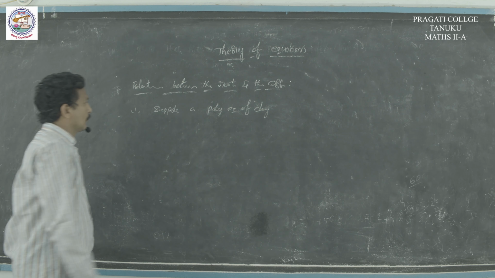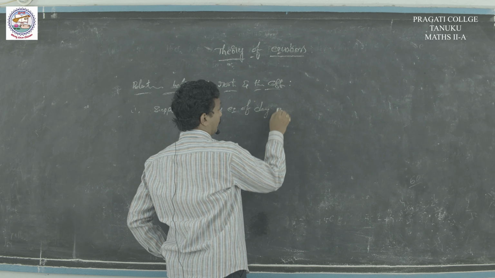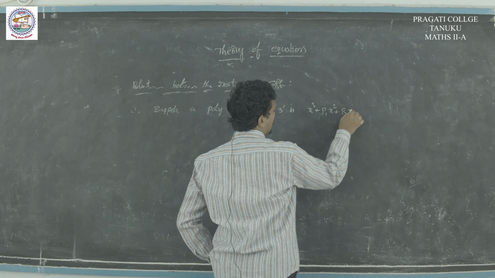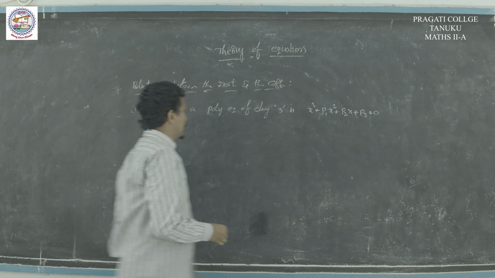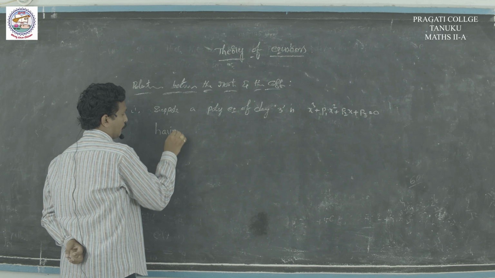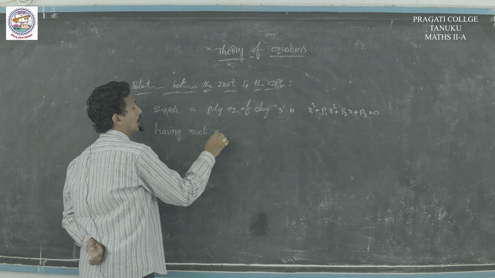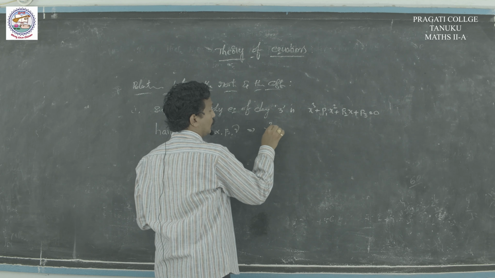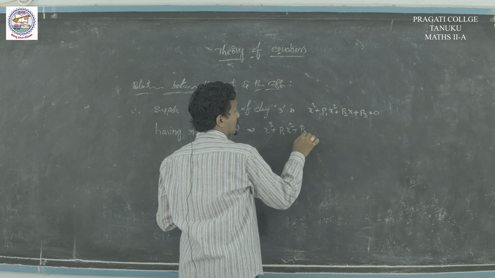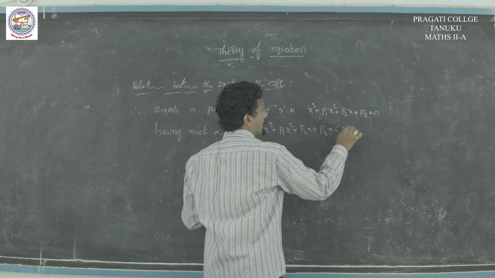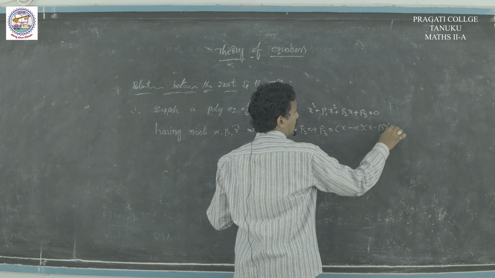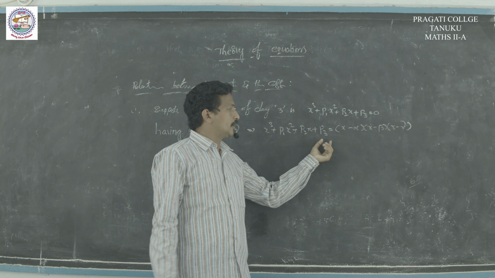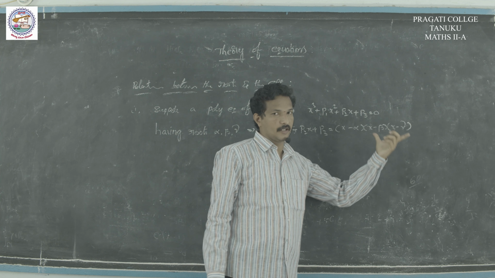Okay. Suppose a polynomial equation of degree 3 is x cube plus p1x square plus p2x plus p3 equal to 0, having roots alpha, beta, gamma, implies the cubic equation x cube plus p1x square plus p2x plus p3 is equal to x minus alpha into x minus beta into x minus gamma.